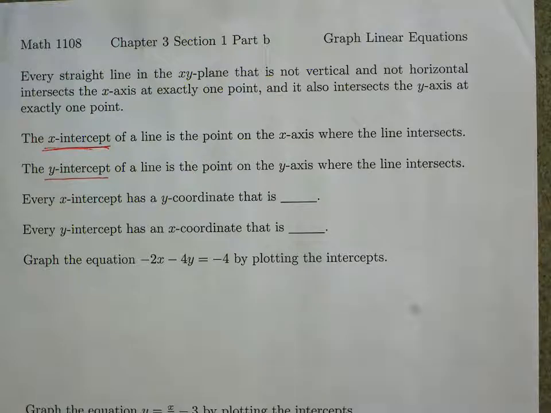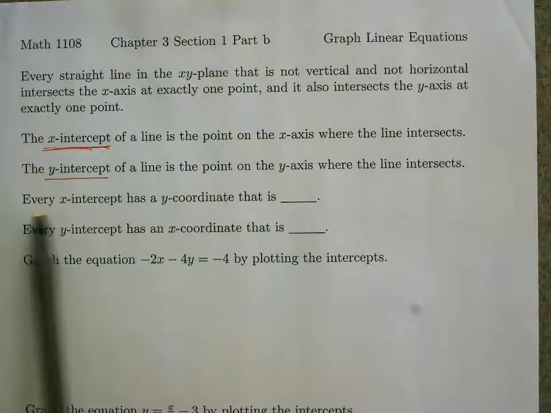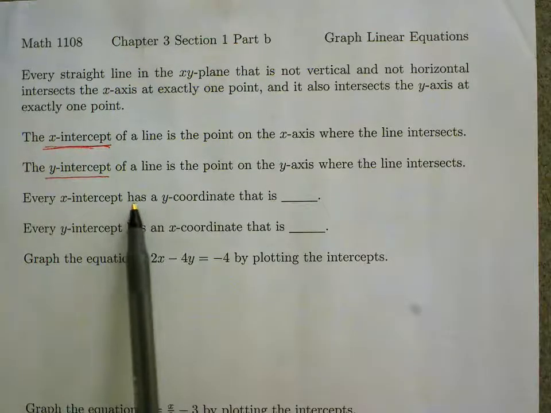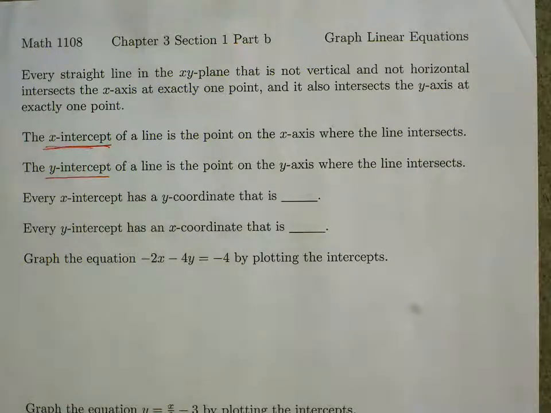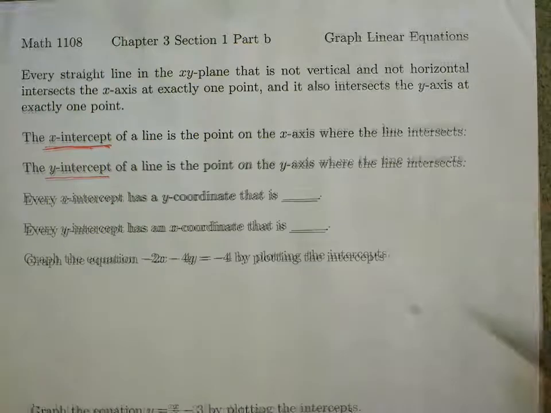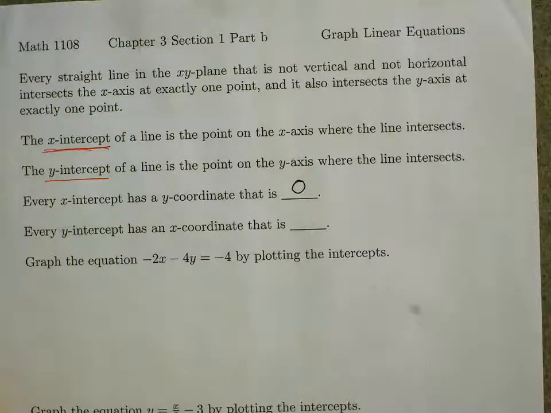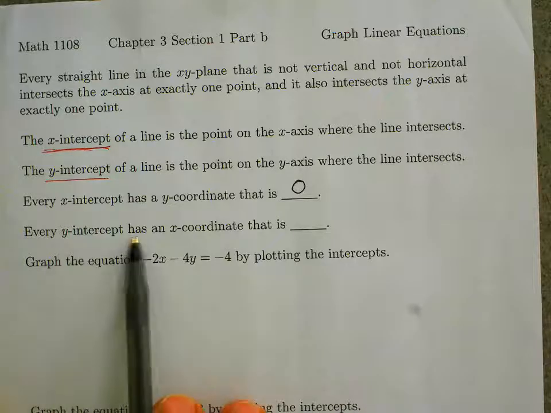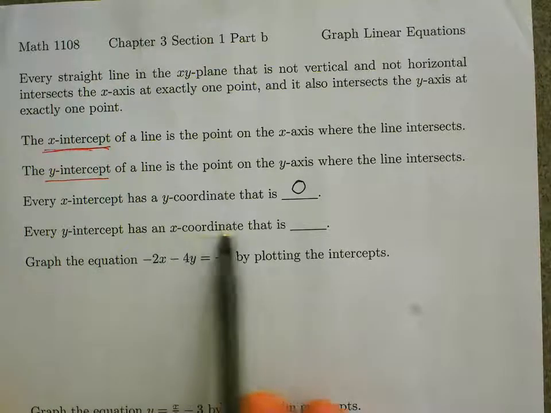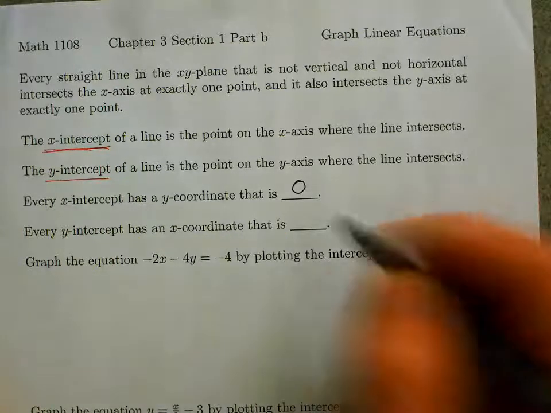Last week, we noted that every x-intercept has a y-coordinate that is 0. And every y-intercept has an x-coordinate that is 0.